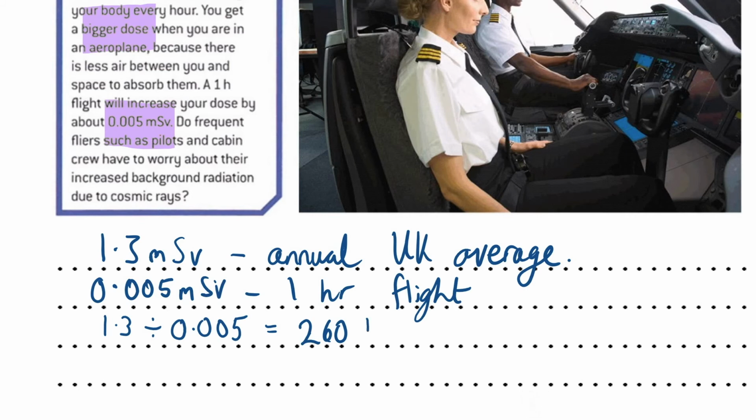So you'd have to have 260 hours of flight time to have the equivalent of a year, the average UK annual exposure to radiation. Most people wouldn't be anywhere near that level of time in an aeroplane, apart from, of course, perhaps cabin crew and pilots.